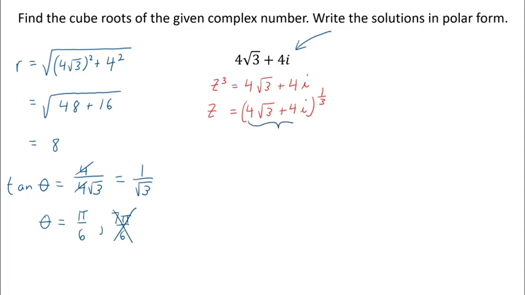So this complex number, when written in polar form, is z equals 8 times cosine pi over 6 plus i sine pi over 6. And we know that the solutions to our original equation here can be found by raising that to the 1/3 power.